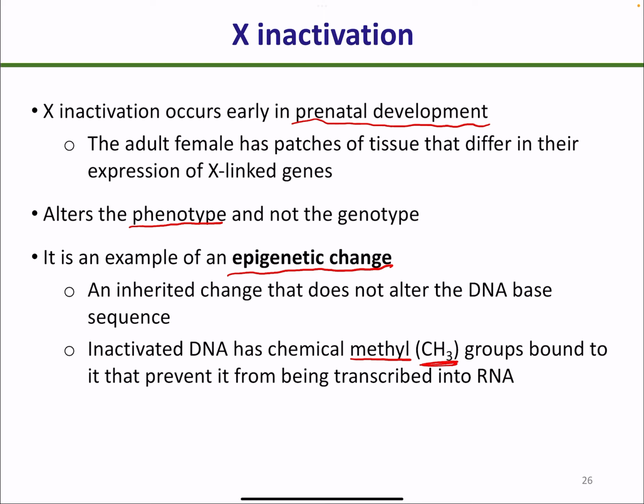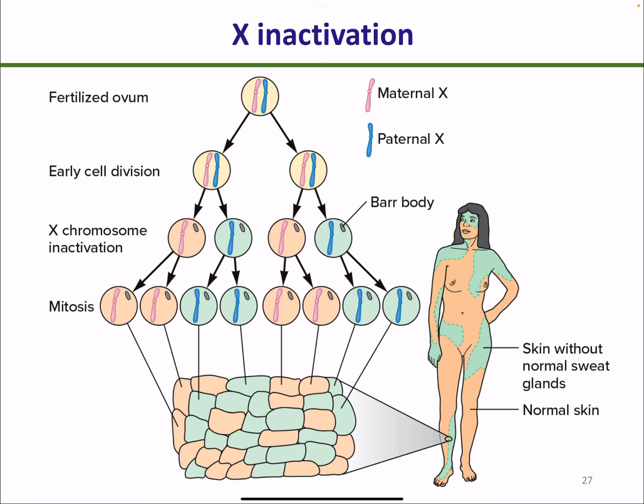So here we have the case of a mosaic in a female. We have a maternal X and a paternal X. We have the fertilization of the egg, so now we have this zygote that develops cells.